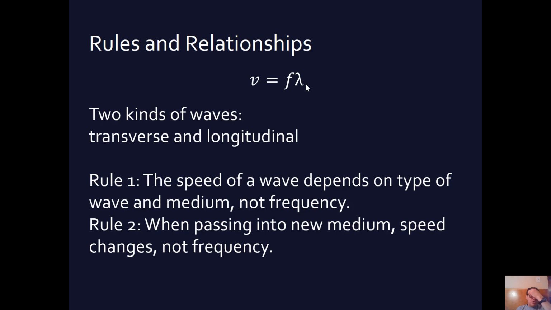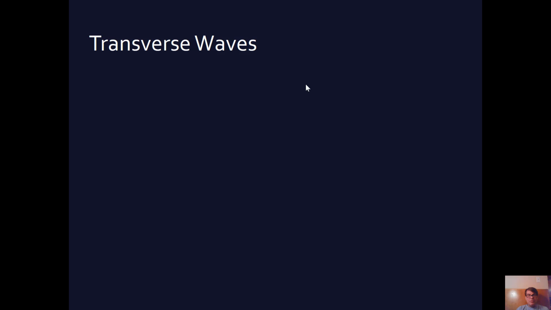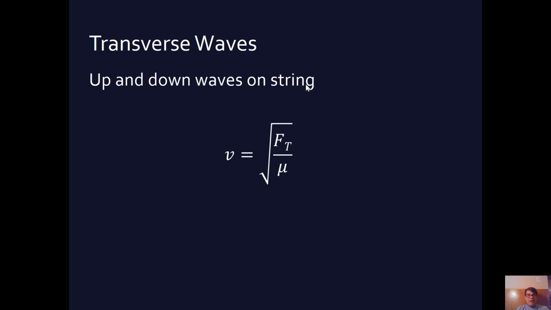Okay, so a couple things to remember. Transverse waves are up and down waves. You have those, for example, on a spring. What is the velocity of a transverse wave? It's going to be the square root of the tension force divided by mu, the density of that particular string. So mu is a characteristic of the medium, and the tension is the force involved.